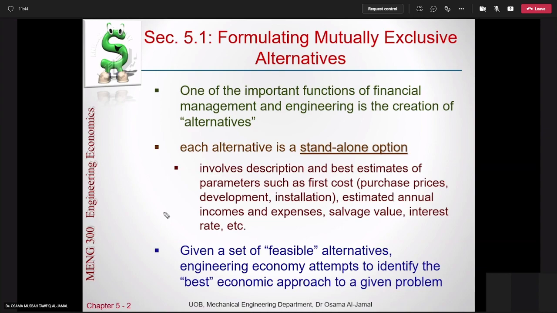Engineering economy attempts to identify the best economic approach to a given problem. I'll give you another example. If you have, let's say, 10,000 BD and you want to buy a new car, what feasible things will you go for? When I say the new car here, will you go for, for example, Range Rover, Mercedes-Benz, or BMW?